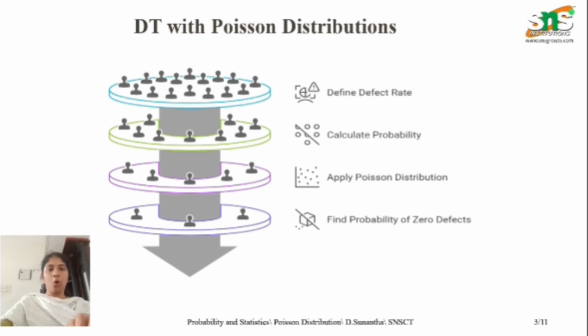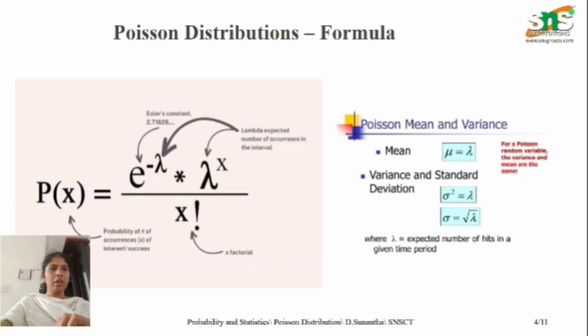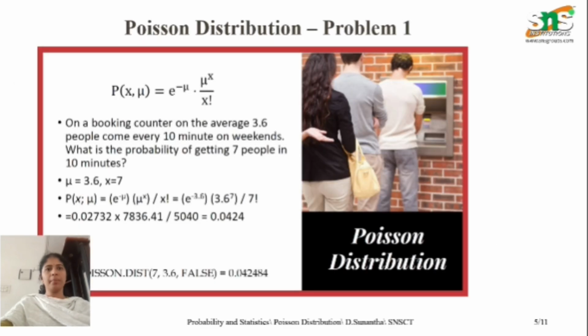So next is a problem explanation. Let us consider a problem discussed in this topic. On a booking counter, on average 3.6 people come every 10 minutes on weekends. What is the probability of getting 7 people in 10 minutes?